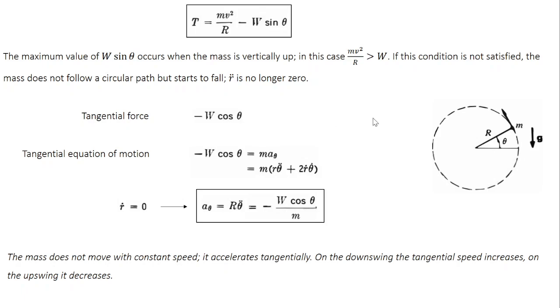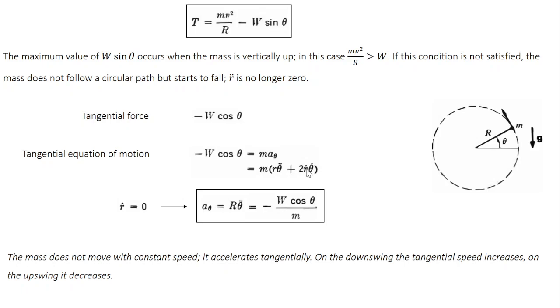And what is the corresponding acceleration? In the previous class we have derived the corresponding acceleration. a_θ is r θ double dot plus 2 r dot θ dot. So you can write down the tangential equation of motion. F is equal to ma, force F is minus W cos θ. This is equal to m into acceleration a_θ, which is m into r θ double dot plus 2 r dot θ dot.